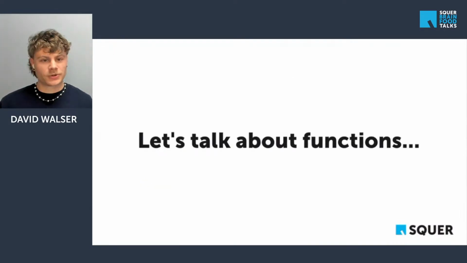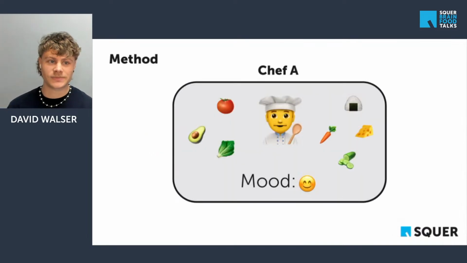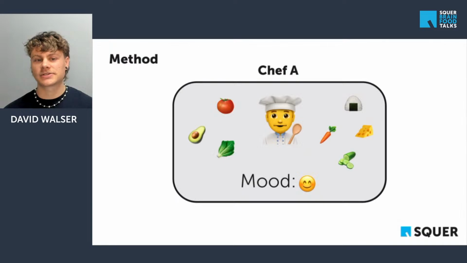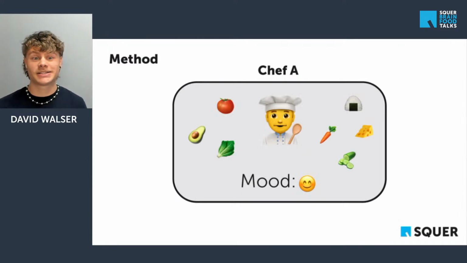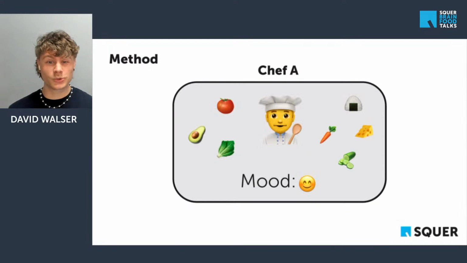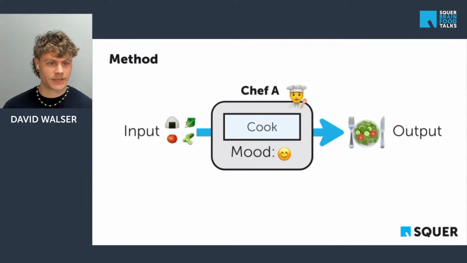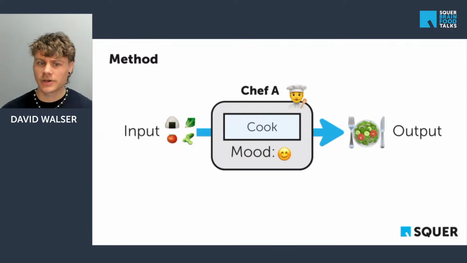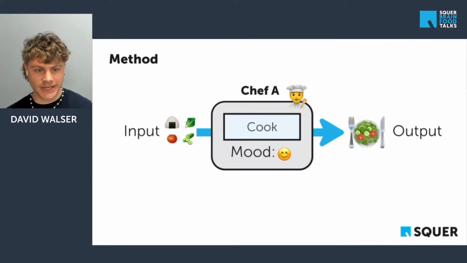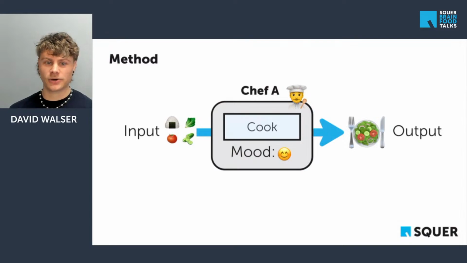But enough about programming paradigms, let's talk about functions. Let's imagine we have here our chef, and he's well known to cook amazing meals, but he's also well known for having mood swings. So giving this chef some ingredients as input for his cook method, he will create some great salad in that example right now because his mood is good.